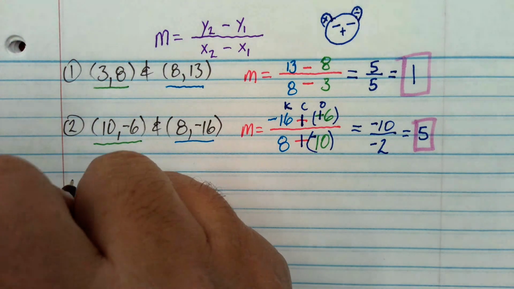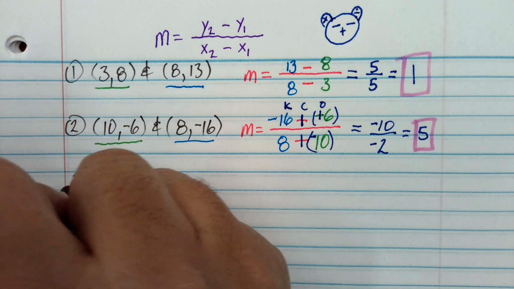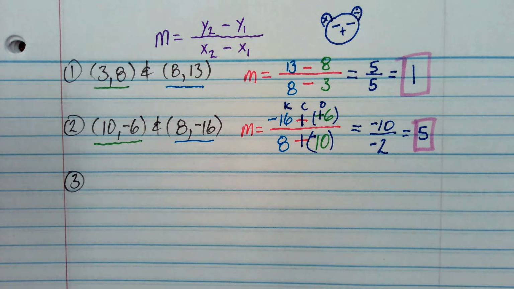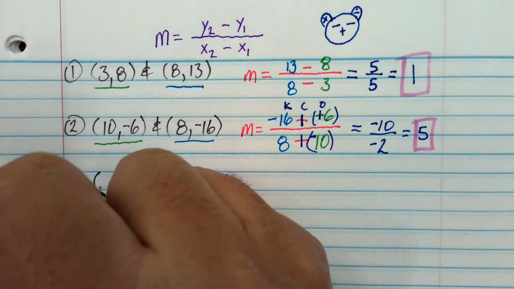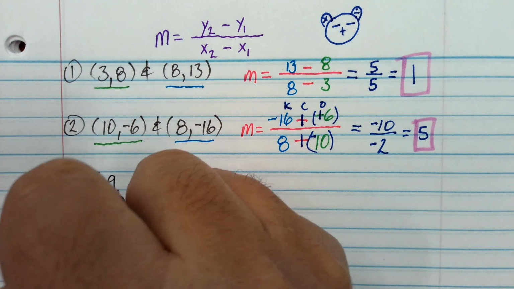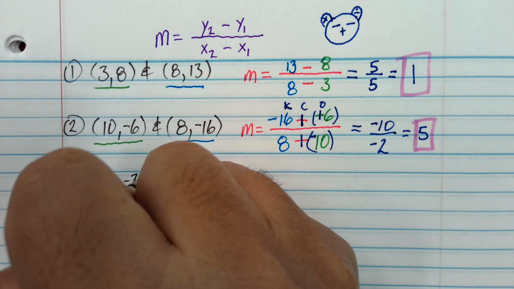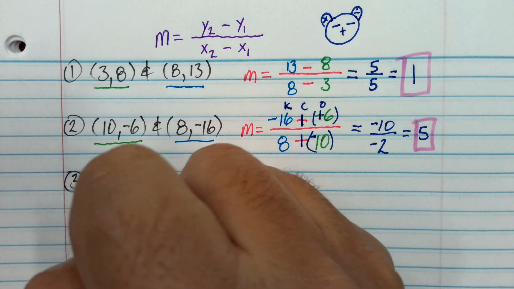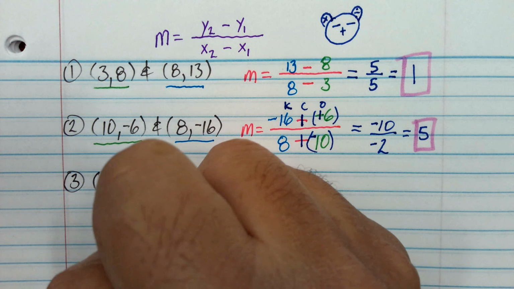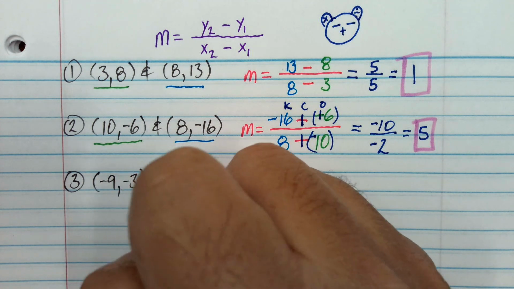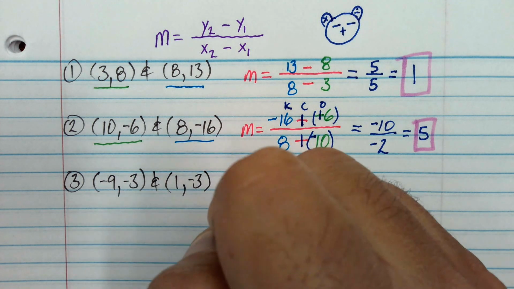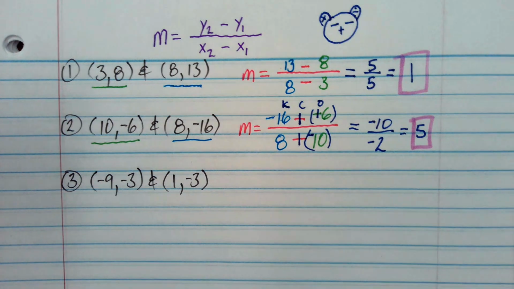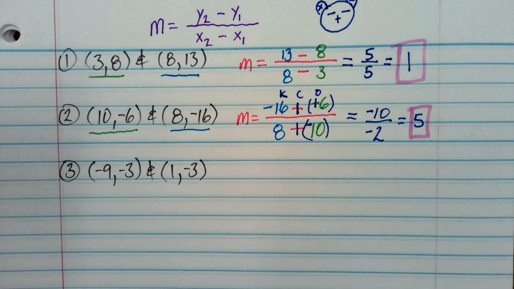So we got 2 down. Let's do a third one. Negative 9, comma, negative 3, and 1, comma, negative 3. Okay. So suppose we have these 2 points, and we'll find the slope.